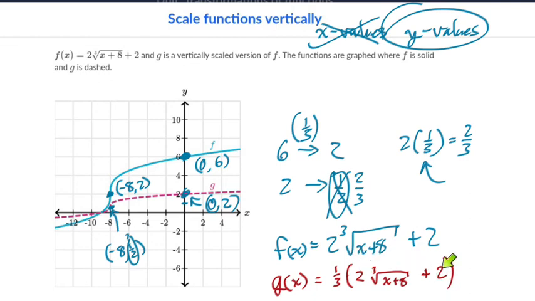It has to be this guy also. So the 1/3 goes to each of them. So it would be 2/3 times the third root of x plus 8, and plus 2/3. That's how it would work. It has to change the vertical movement also.